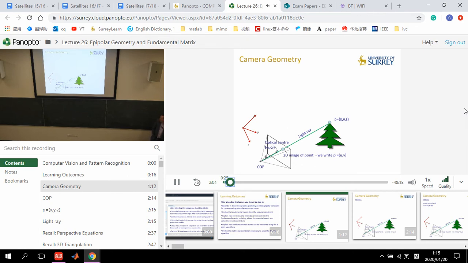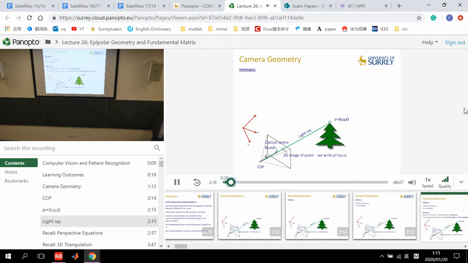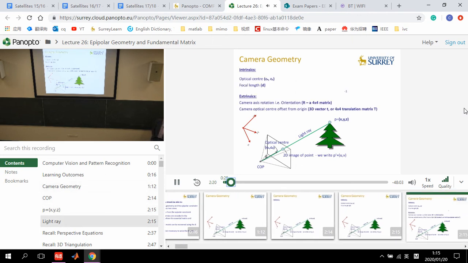Previously we were saying that point P being imaged in 3 dimensions is x, y, z, and that the image of that point is p prime, with components u and v.